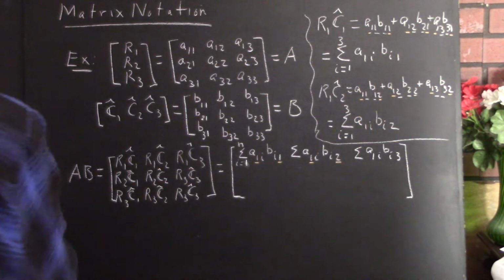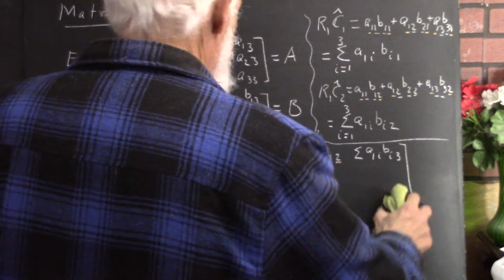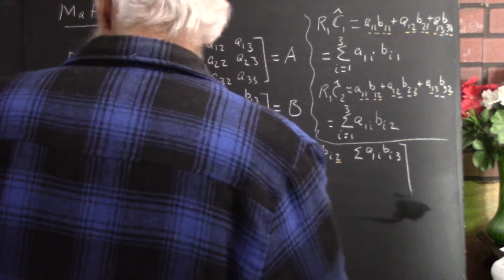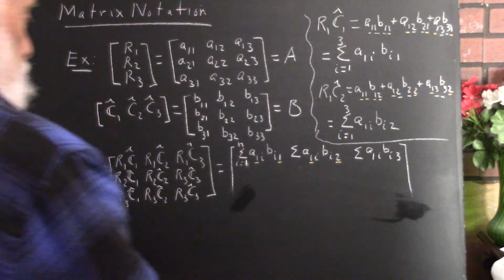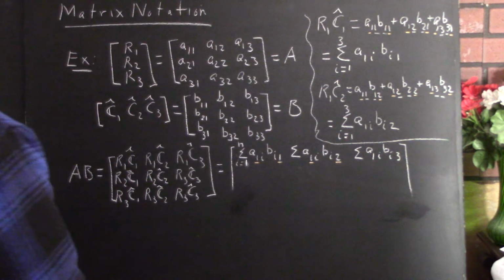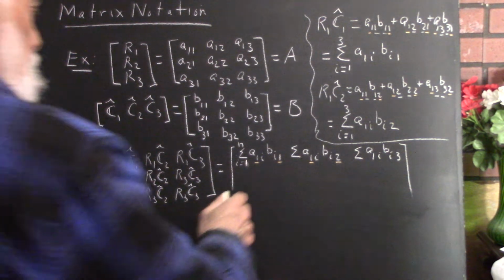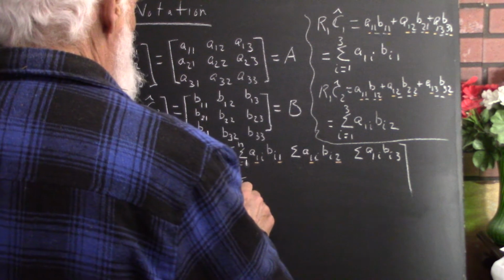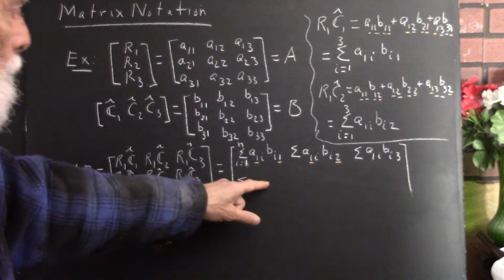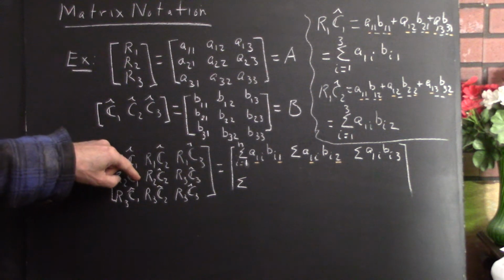And I haven't left myself enough room to write the whole thing out. I'm not going to write everything out, but I'm going to write out the rest of it now. Okay, here we're going to have the row 2 times column 1.